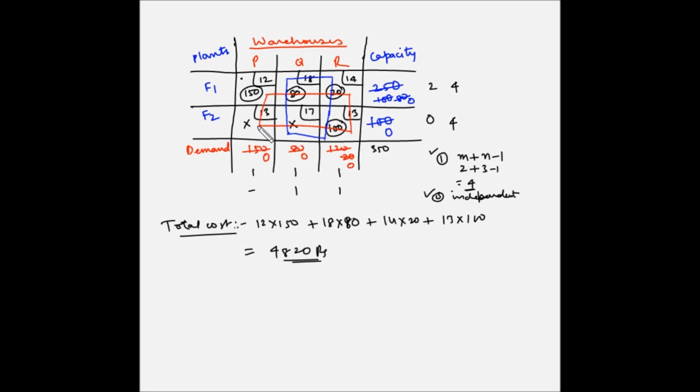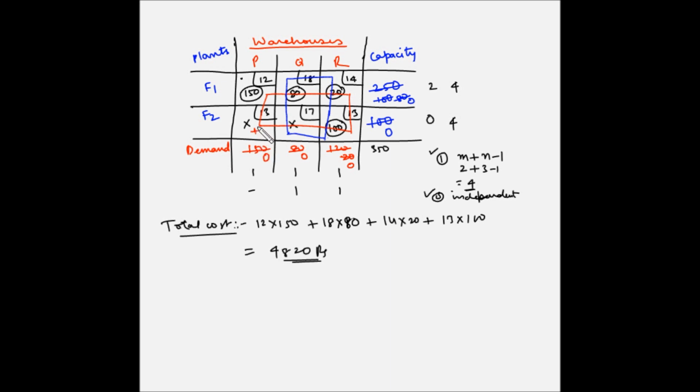So for the same thought, the next step is to assign the alternate plus and minus signs on the closed path, starting with a plus sign on the water square. The first water square is F2P. We are going to add allocations to this square, so there's a plus sign.